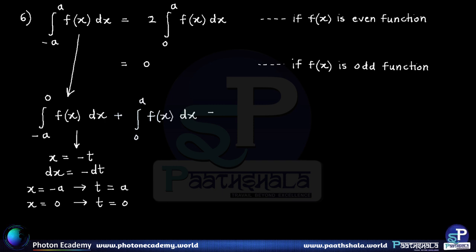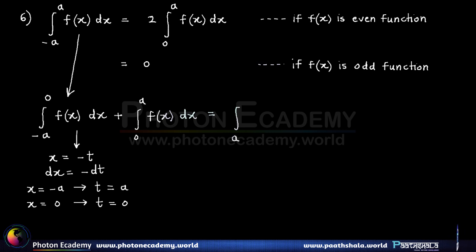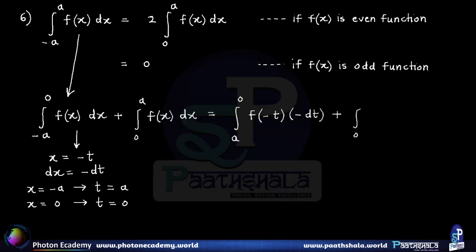So therefore on substitution we get the new limits from a to 0 f of minus t into dx, which is nothing but minus dt, plus 0 to a f of x dx. Now if we want to remove the minus sign, we need to interchange the limits.